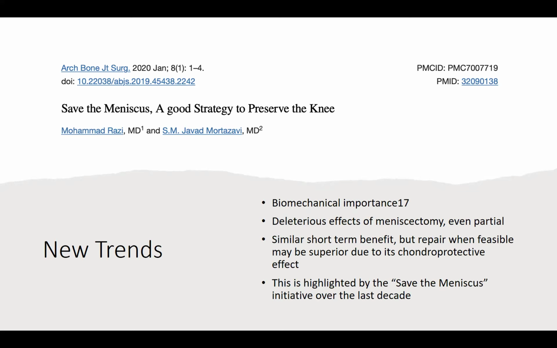Despite the strong short-term outcomes for arthroscopic partial meniscectomy, or APM, questionable long-term outcomes have shifted the paradigm more towards repair. This has led to the Save the Meniscus initiative, which has come about over the past 10 to 15 years. On the next few slides, we will illustrate some of the literature that overall facilitated this shift in care.